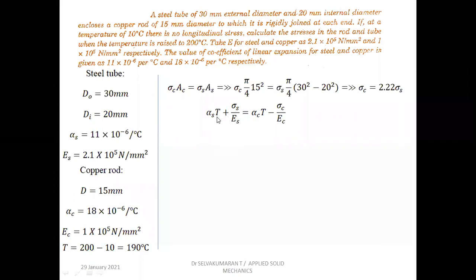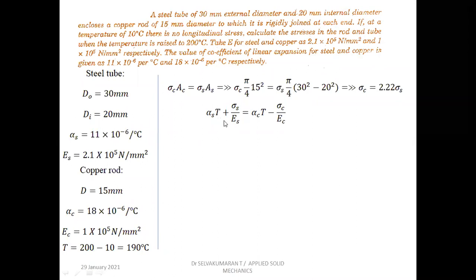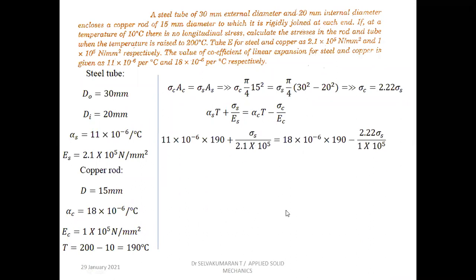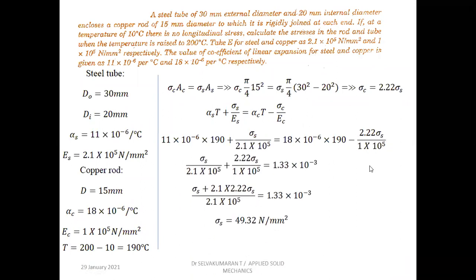Alpha S T is available, E S is available, alpha C T is available, E C is also available. Substitute them, and substitute sigma C in terms of sigma S in this expression, so 2.22 into sigma S. On rearranging, take the alpha values to the right hand side and the sigma S to the left hand side, and take the LCM.